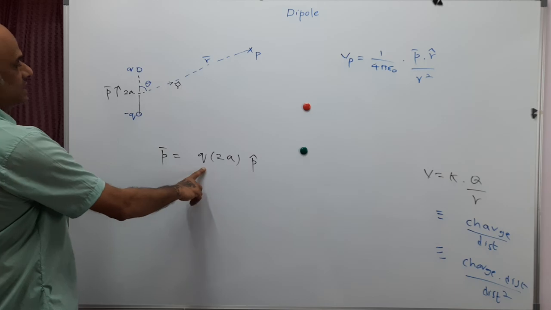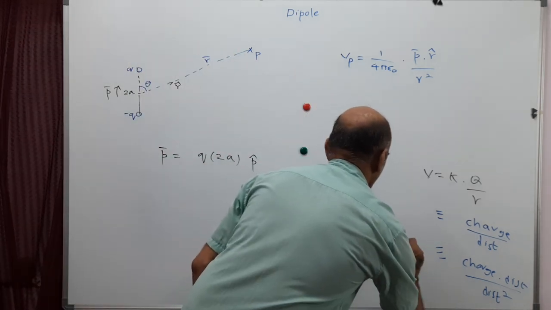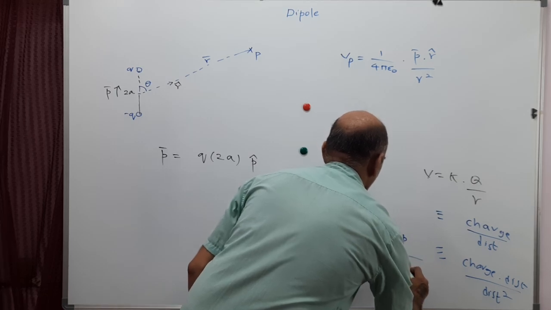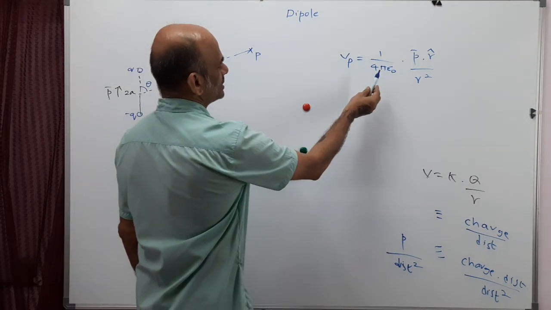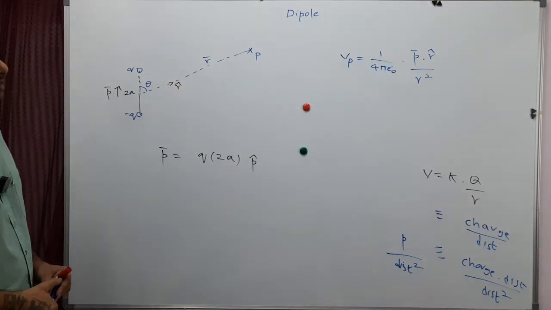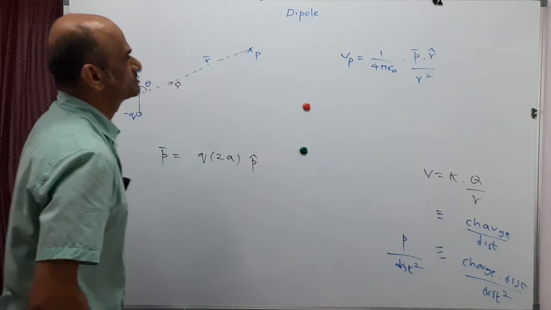P has got dimension of charge into distance. So dimensionally this is equivalent to P by distance square. So that way you can remember this formula. So dimensionally it should be P by R square. For point charge it is Q by R, and for dipole it is P by R square.